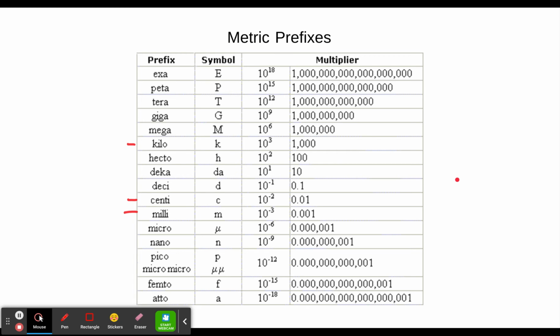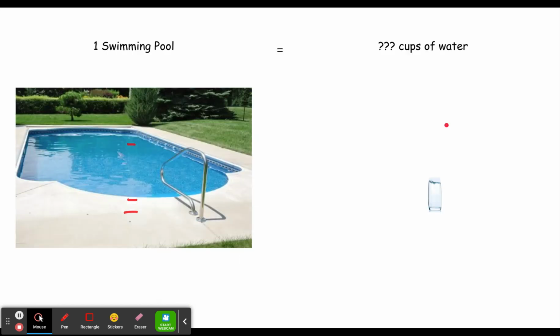I want to start with the concept of converting from one unit to another with water. So if we take a look at this, the question here is one swimming pool is how many cups of water? Well, this is the concept that I really want you to get. We know that a swimming pool is a bigger unit than a cup of water, right?